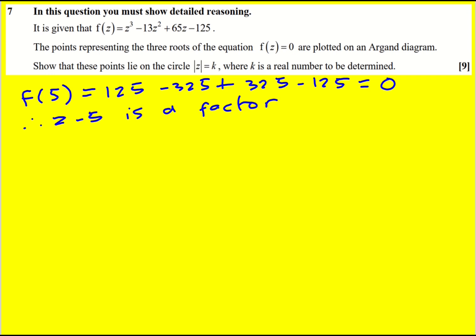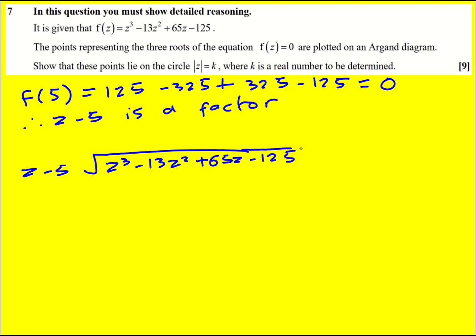And we can guarantee the other two factors are going to be complex numbers because it's talking about them lying on a circle. I used polynomial division to get the rest. Up to you, but it's a solid method. Okay, so z into z cubed, z squared, multiplied back through.